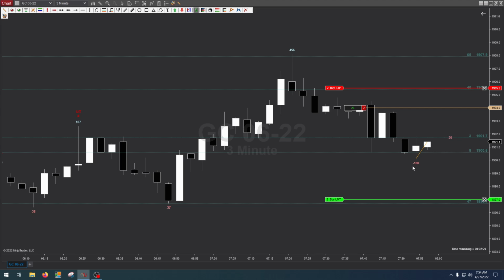Decent negative volume delta here. This candle opened up with a negative volume delta. We can confirm swing high here, taking out this high right here, which is basically 1 tick above the gap. Tested the gap again.